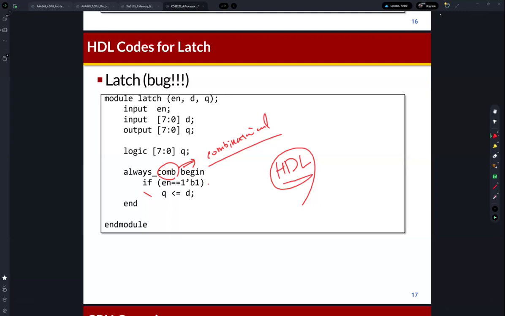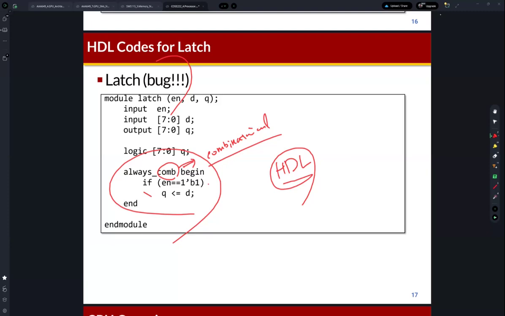But a latch is something we usually do not use in a digital system. So it means a bug. It's a bug in the hardware design. Okay. So you just need to remember that. In a combinational logic design, if we define the output values based on some conditions, then we need to define outputs for all possible conditions.